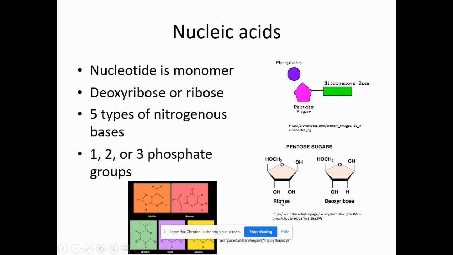We know they're both sugars because the names end in -ose, remember? And they're both 5-carbon sugars because they're pentose. So what's the difference between ribose and deoxyribose? Look at the name, deoxyribose, meaning that it has one less oxygen. So there's an oxygen in ribose that is not there in deoxyribose.